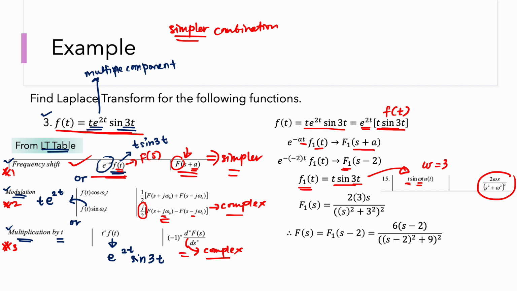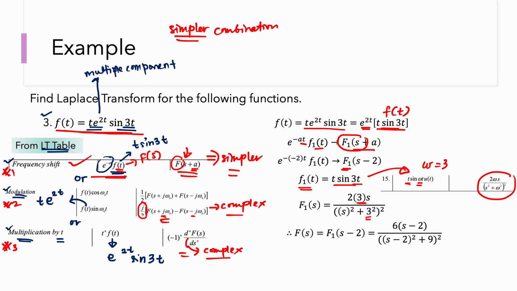Since this t is power 1 and this is also power 1, we can use this one. So our omega is equal to 3, so we just substitute the value of omega equals 3 inside here, and once we have got this, we substitute this value inside this equation, where s should be replaced with s plus a.